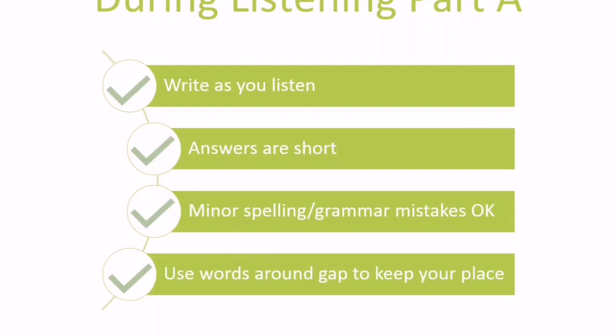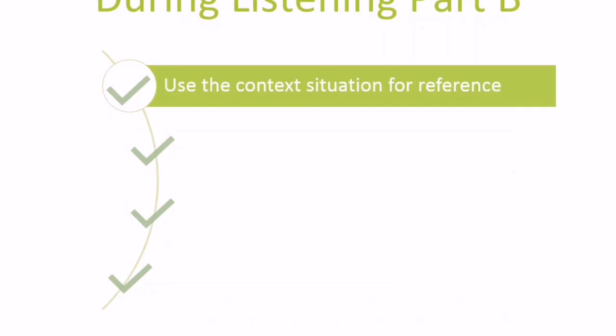Use the words around the gaps to help you keep up with the recording and to give you clues about the information you are listening for. In listening part B, use the context situation to help you start imagining the communication you will hear and the vocabulary that will be included.